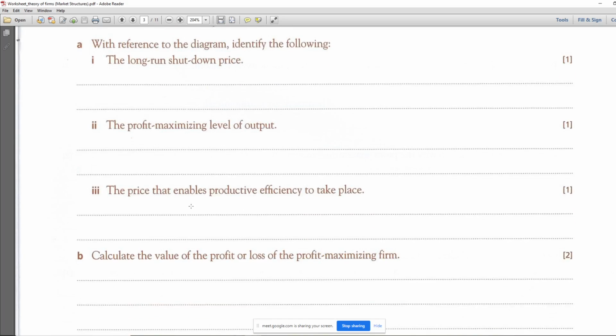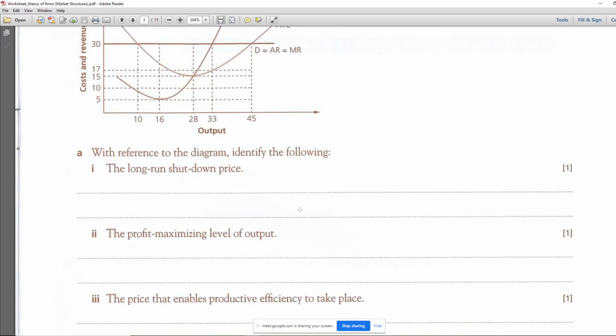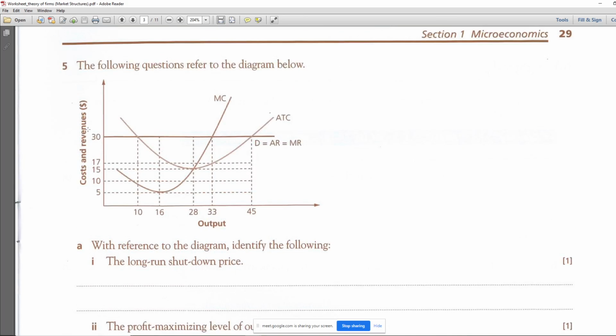The price that enables productive efficiency to take place. Which price, when we sell at that price, will enable it? I cannot see 429 here. So 15.